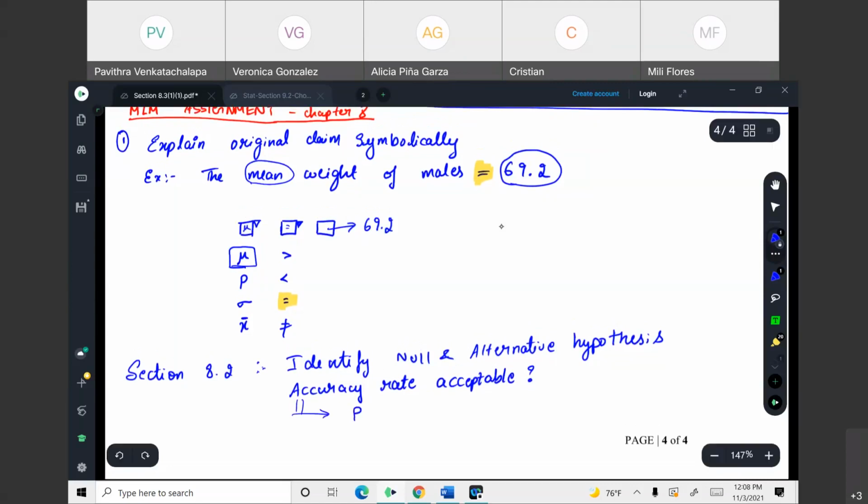Now when you compare p and alpha, if your p is greater than alpha, you are going to say fail to reject. Now if your conclusion is this, fail to reject, then I say that accuracy rate is acceptable.